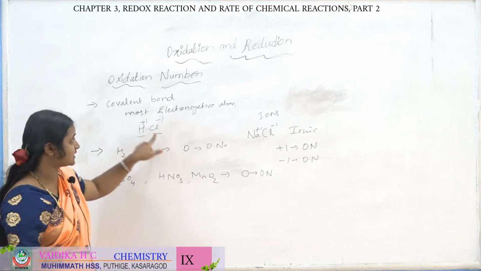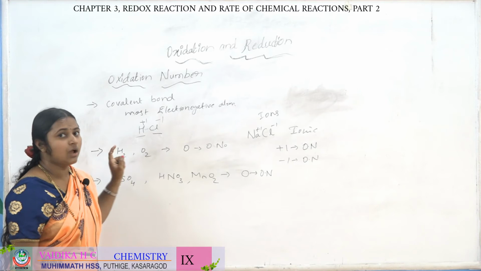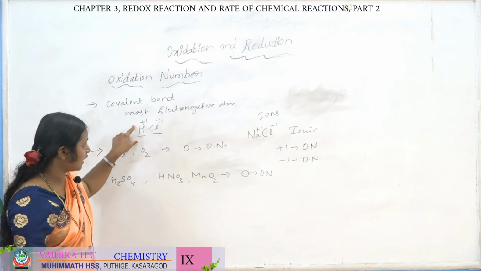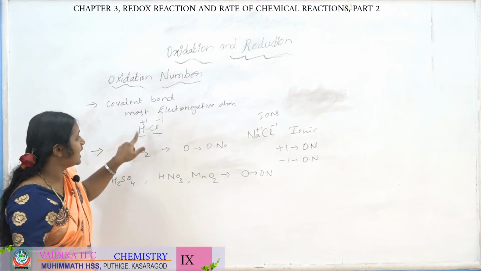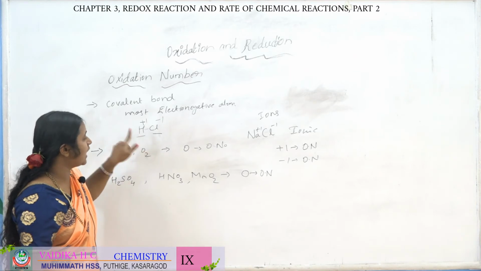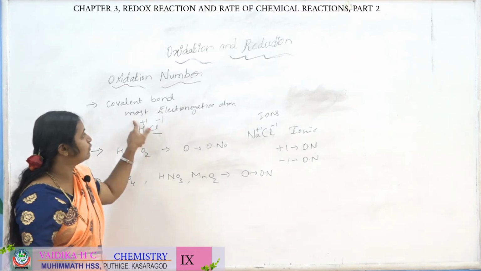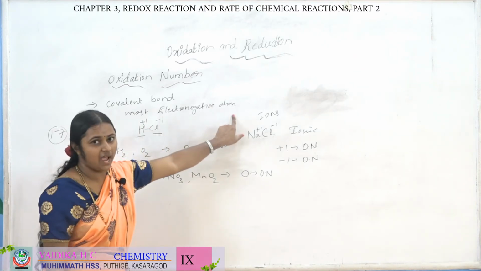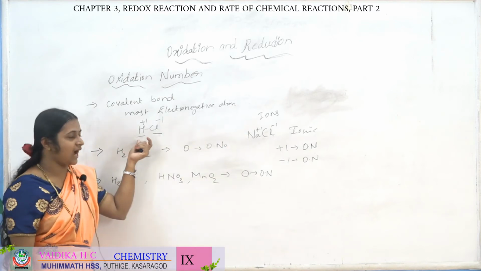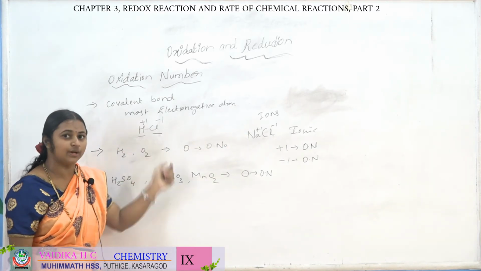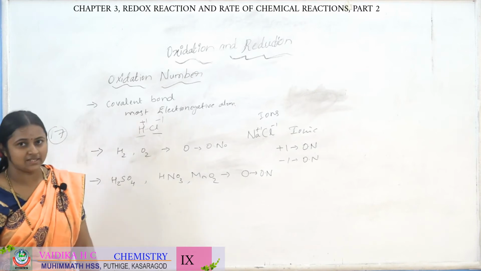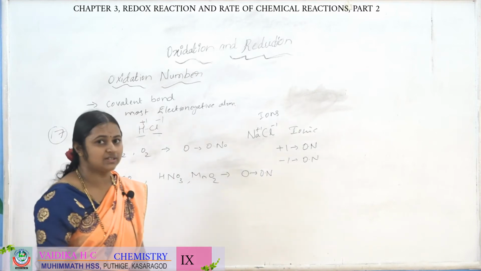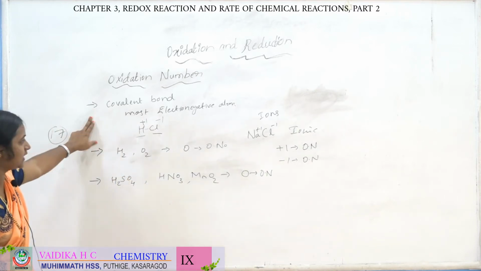So this HCl is a covalent compound. What we have to assume is that the electrons are shifted to the most electronegative atom. So here hydrogen loses the electron and chlorine gains the electron. This is one of the rules of oxidation number.